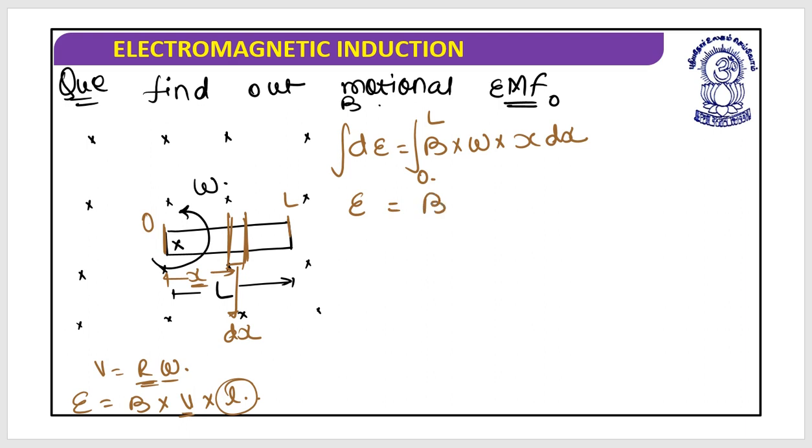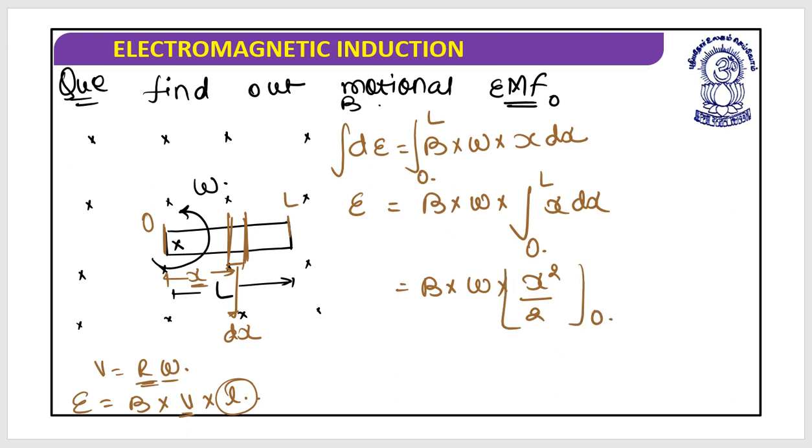So this is B times omega times the integration of x dx, starting from 0 and ending at L. The integral of x dx is x square by 2, from 0 to L. So that should be written as B omega L square by 2.